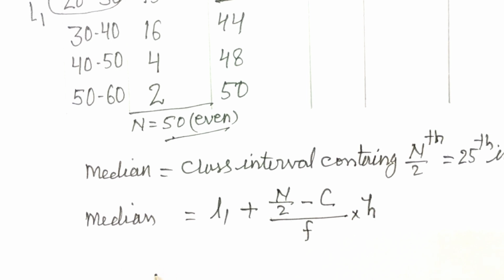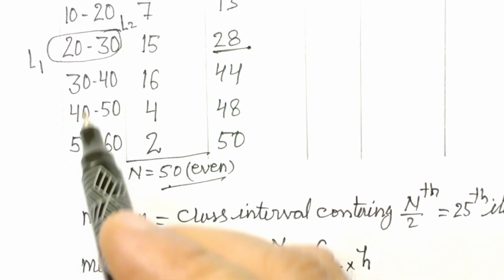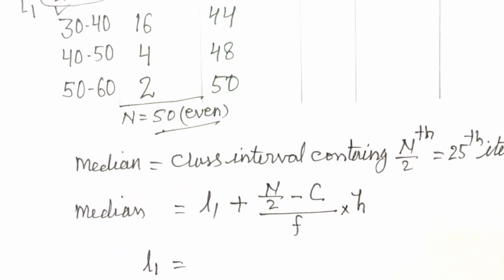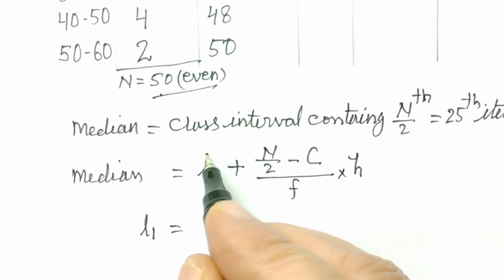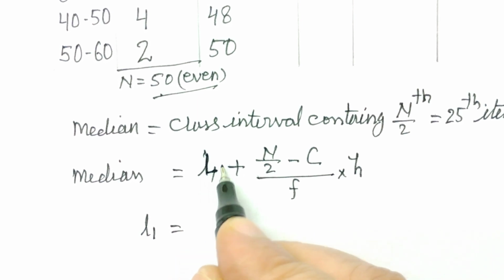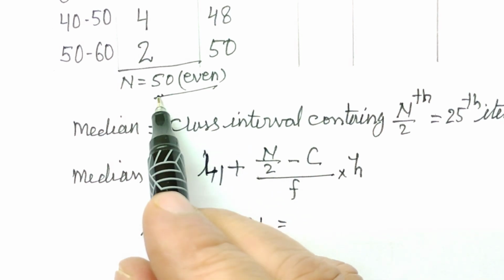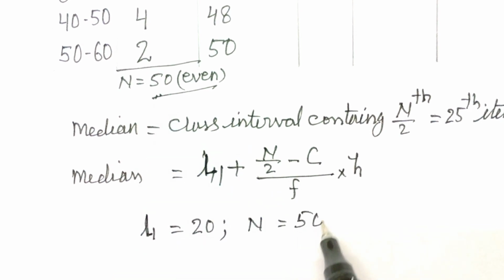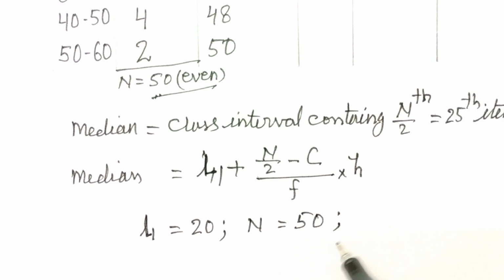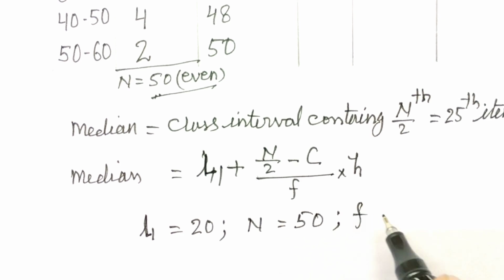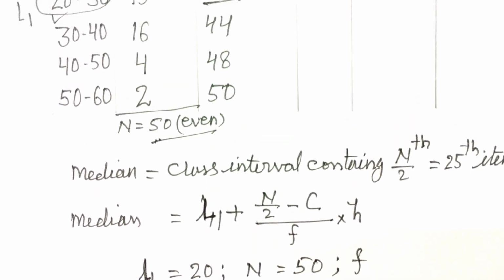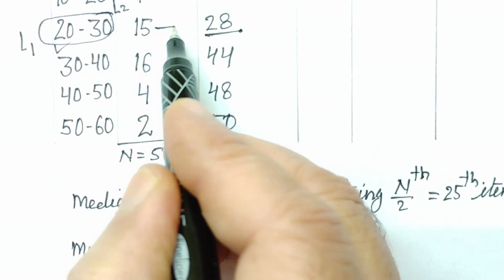Here L1 is equal to this 20, we will make it capital L1. L1 is 20. N is 50. And F will be here 15, right?